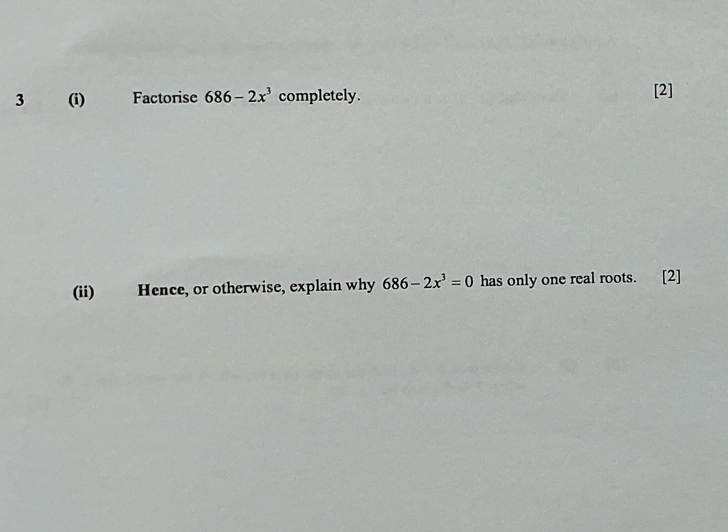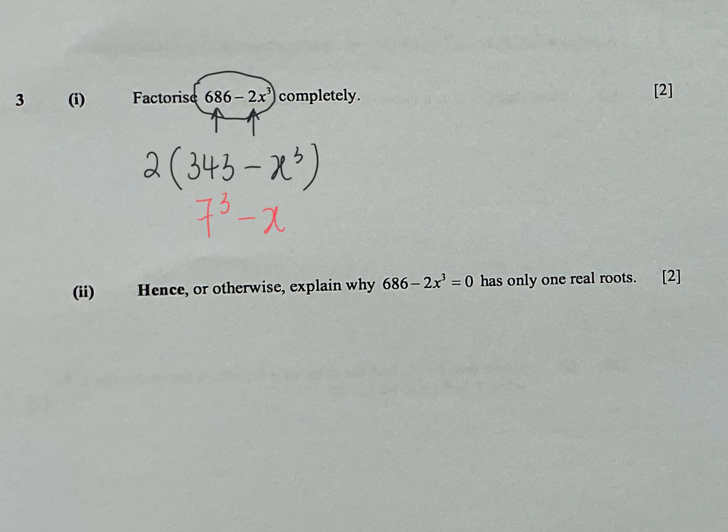Okay, this one. When you see two terms, you must think of SOAP. But if they are not perfect cubes, you must factorize first. So if you take out the 2, this is 343, this is x cubed. Then for sure, it must be 2 cubes. So when you see 2 cubes, you can apply SOAP already. SOAP means same sign, opposite sign, always positive.